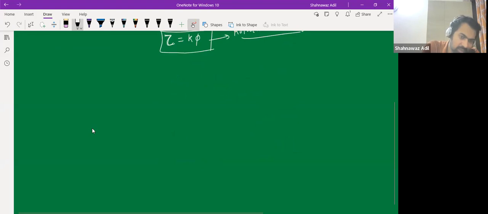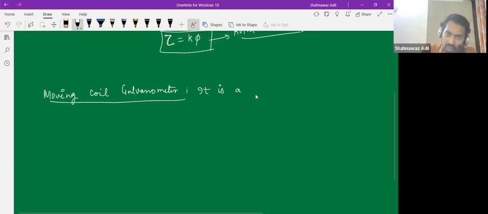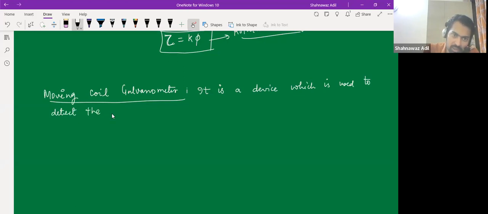So what is a moving coil galvanometer? It is a device which is used to detect the current. And how does it work?